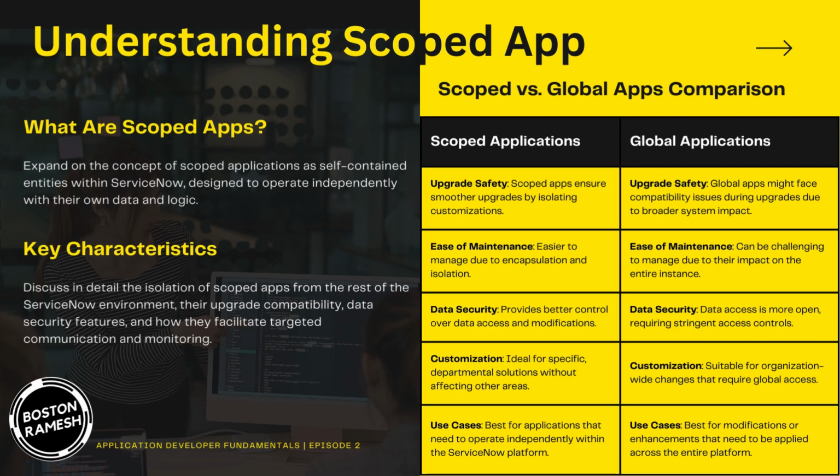This feature ensures that customizations within your scoped app remain intact and functional even as the ServiceNow platform evolves. As you know, ServiceNow releases major releases two times a year. So if you have a scoped application, you want to make sure that it works without any failures, even when a new release comes every six months.